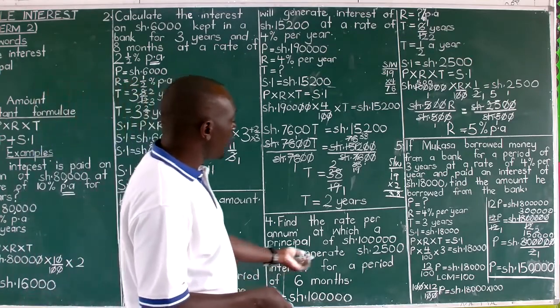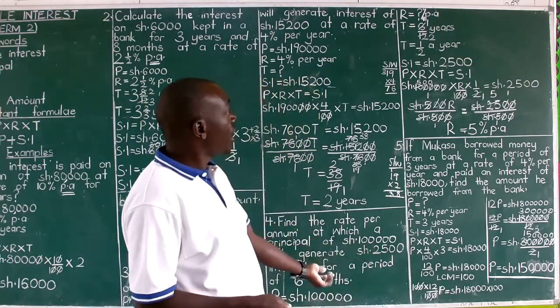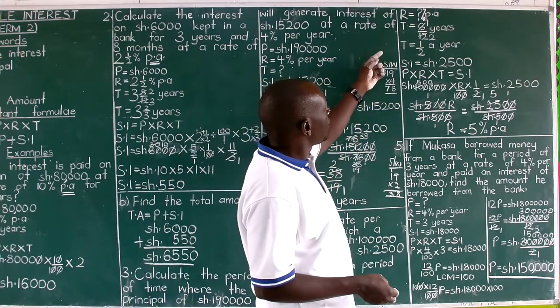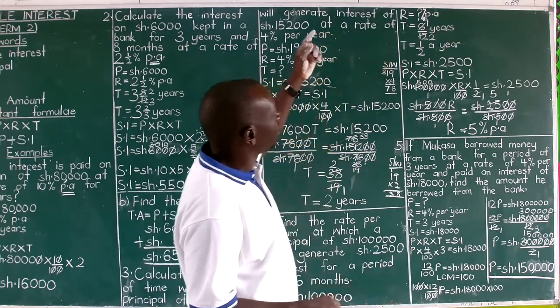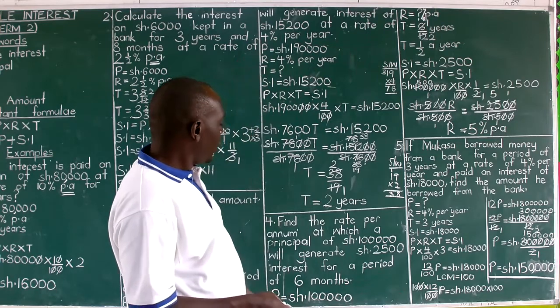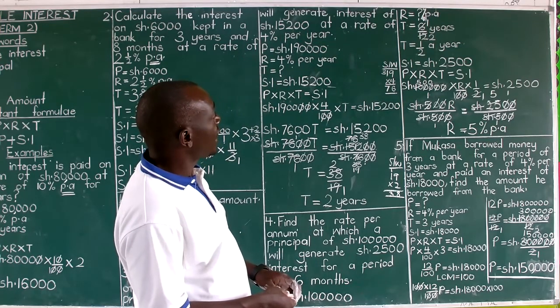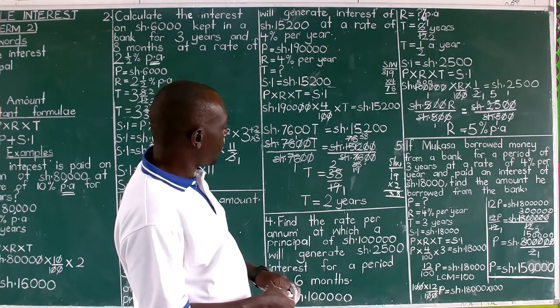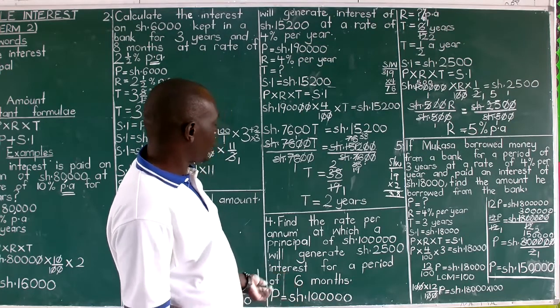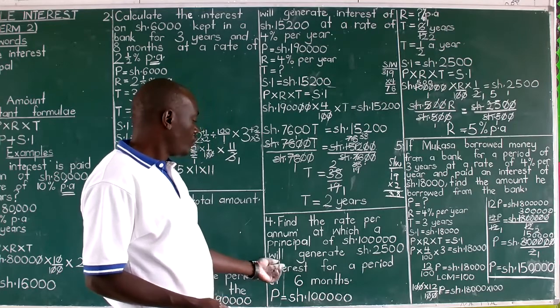So the principal of 100,000 shillings. So say principal equals 100,000 shillings. That one is given, and the rate and the time. Sorry, they are giving us time. They are giving us principal and simple interest. Simple interest is here.